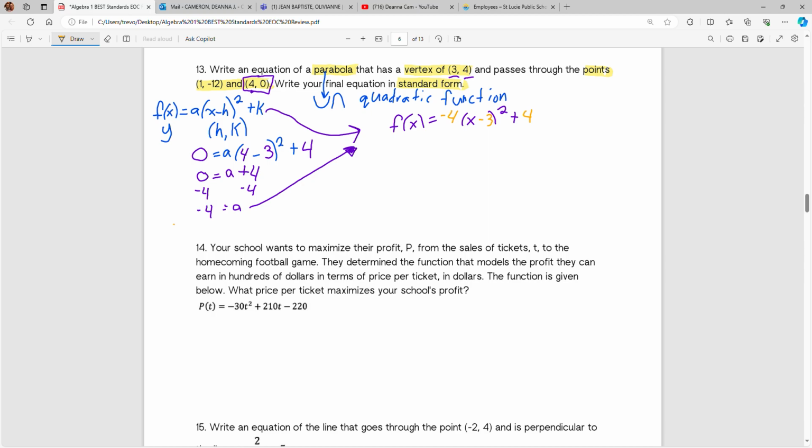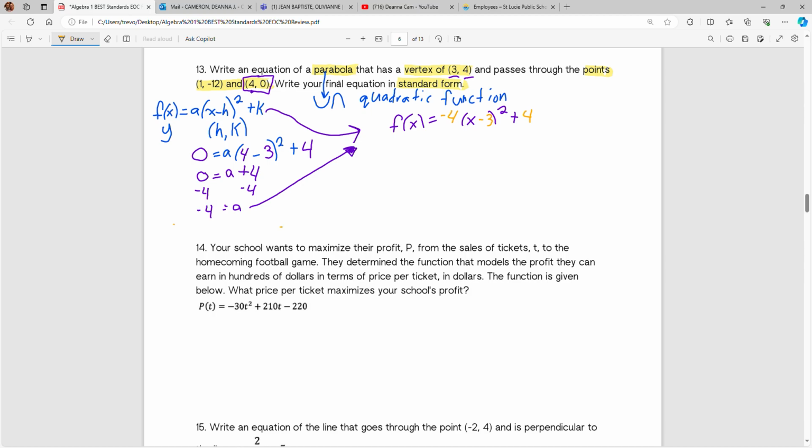And standard form, when you're looking at the reference sheet, is the first formula under forms of quadratic functions. That's f of x equals ax squared plus bx plus c. So I'll write that down at the bottom.